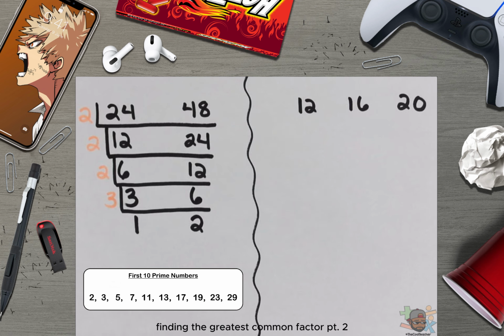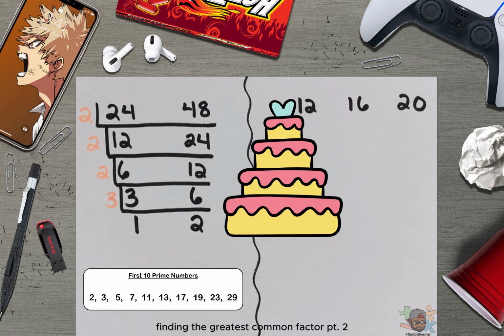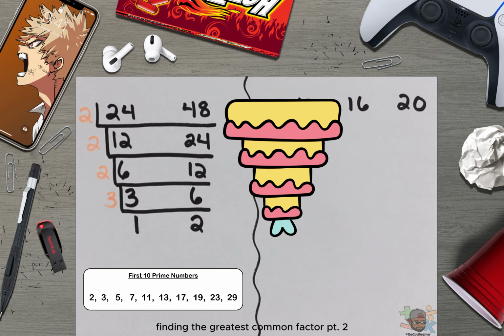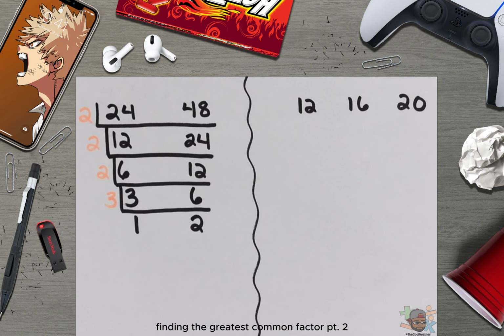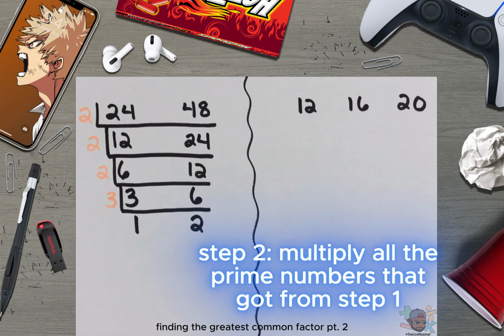Also, you can go ahead and see why this is called the upside down wedding cake method. If I took a wedding cake and flipped it upside down, it kind of resembles what I just did. So I'm done with the first part of the problem. The second part of the problem is to go ahead and take all these numbers that are on the outside, and I have to multiply them by each other.